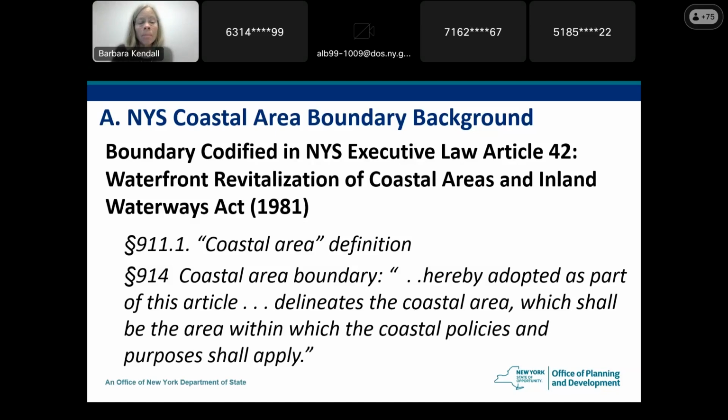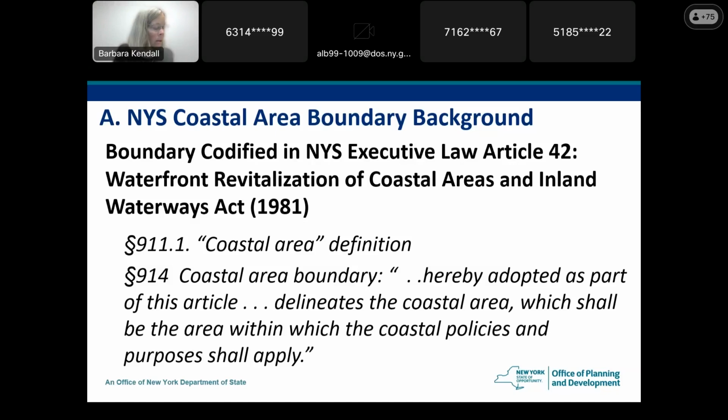So that's our mantra for defining our waterfront areas. They need to be influenced by each other. This is the Waterfront Revitalization Program. So that's the purpose of defining the boundary and the land and water uses within it.